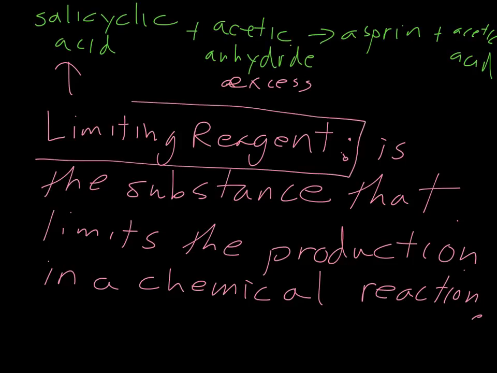For this reaction, because we have an excess of acetic anhydride and it's our amount of salicylic acid that's limiting our production of aspirin, salicylic acid is our limiting reagent. I'm going to mispronounce it 20 times because my tongue trips over it.